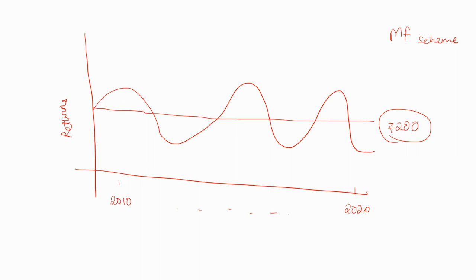Now, in case of Sharpe ratio, what we do is that standard deviation is what? We add all of these, correct? We add every deviation from the average. Okay, so let's say this is A, this is B, C, D, E, F. In case of Sharpe ratio, the positive and the negative deviation both are taken into consideration.